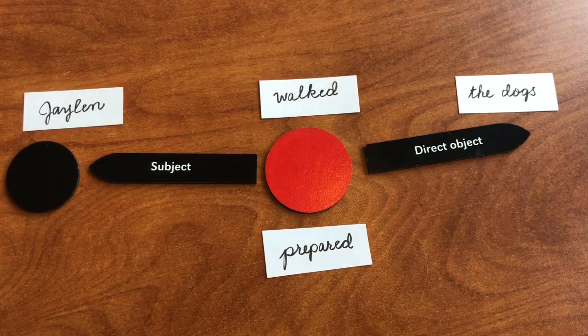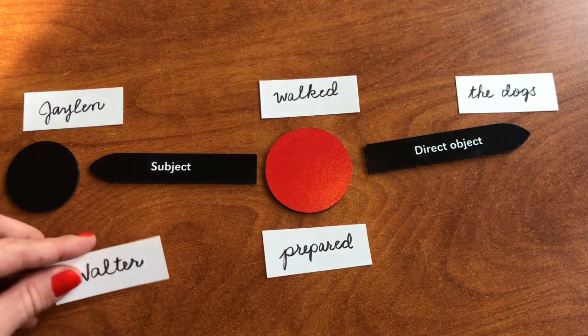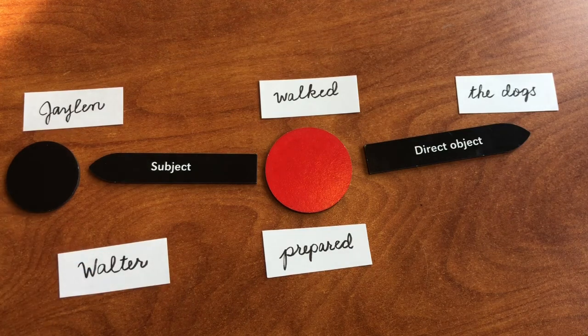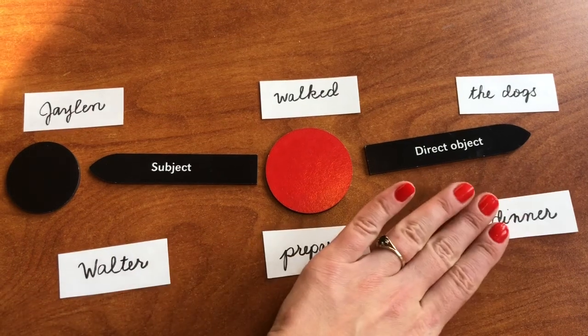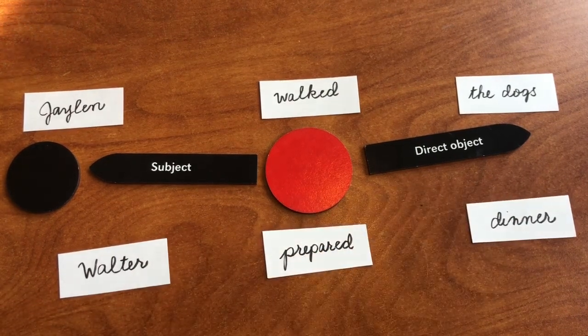We are going to have a second subject, which is going to be Walter. And we are going to have a second direct object. We're going to find out, what did Walter prepare? Walter prepared dinner. Two events occurring, two people doing two different things, and we're going to combine them.